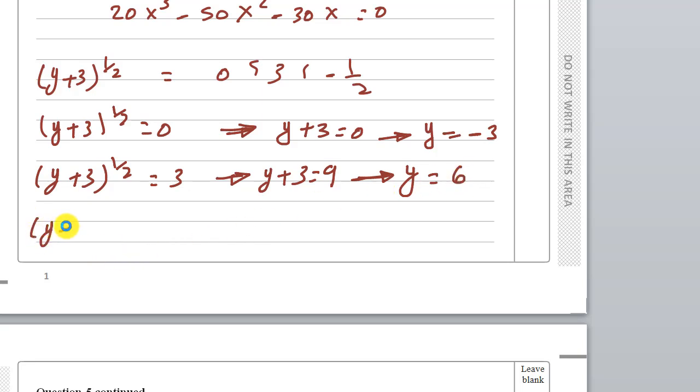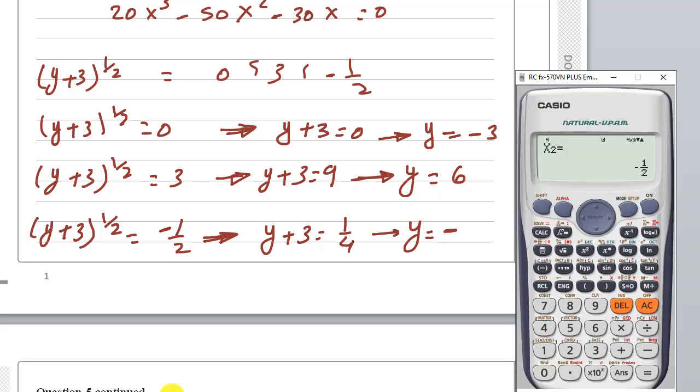Now y plus 3 power half is equal to minus half. So from here y plus 3 is equal to 1 over 4 and y is equal to 1 over 4 minus 3, 0.25 minus 3, minus 11 over 4.